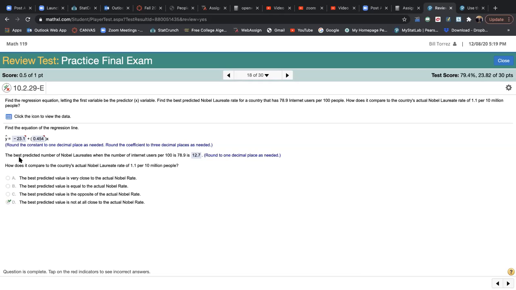How does it compare the best predicted number of Nobel laureates? Okay, when the number of internet users per 100 is 78.9. Okay, again, if you did that in the calculator, let's do that one on the calculator.